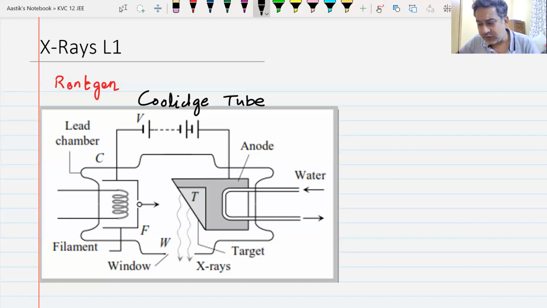When I was discussing the photoelectric effect, I told you that is not the only way in which electrons can be emitted. Electrons can be emitted in different ways. Basically, these electrons are revolving and they are bound to the nucleus. If you can somehow give them sufficient energy that they leave the nucleus, you have a current.